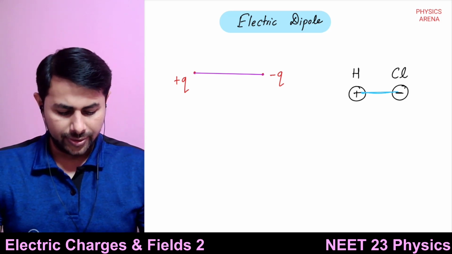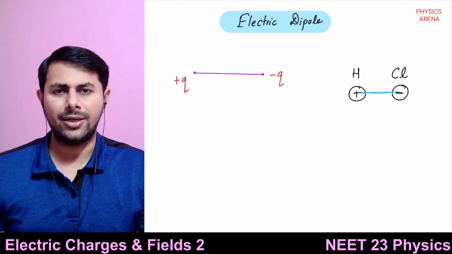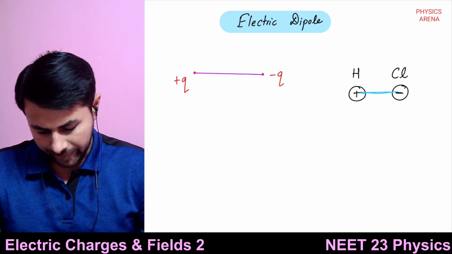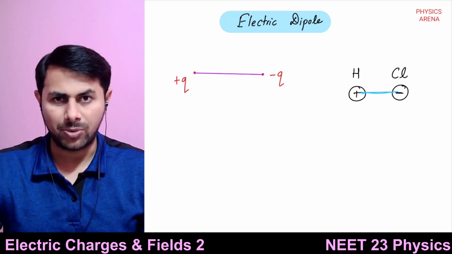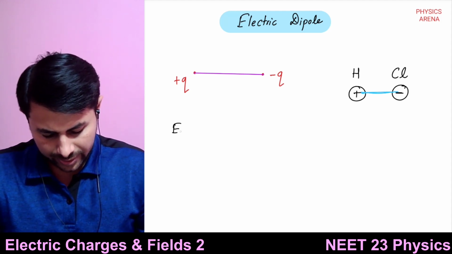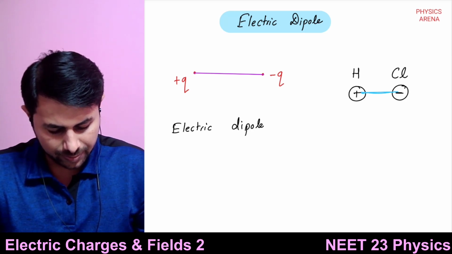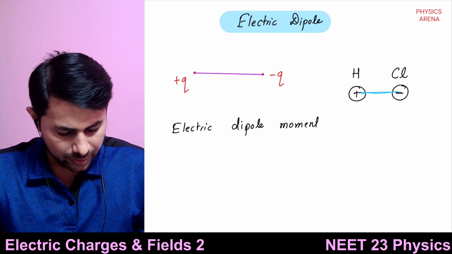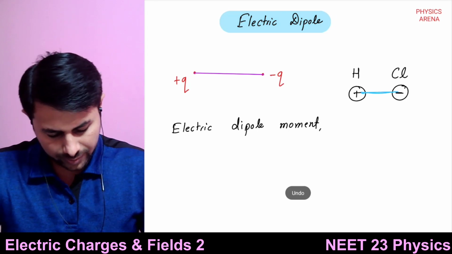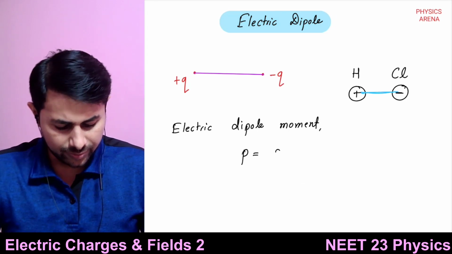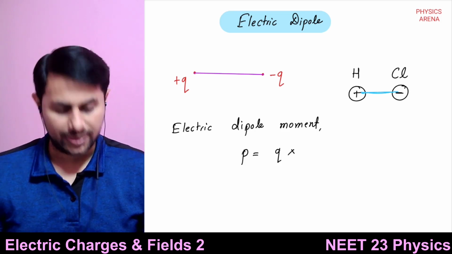All right. Now what we are going to do is find the electric field due to an electric dipole. For that, let's define one quantity known as electric dipole moment, denoted by letter P. P is equal to the magnitude of one of the charges multiplied by the distance between the two charges.